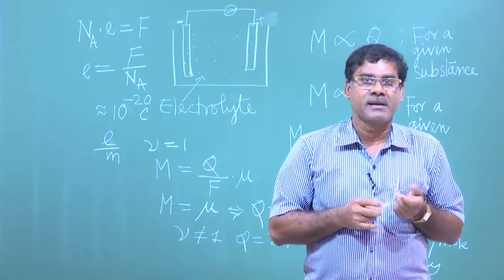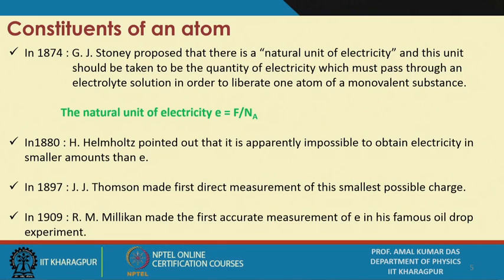But in 1909, R. M. Millikan made the first accurate measurement of E in his famous oil drop experiment.